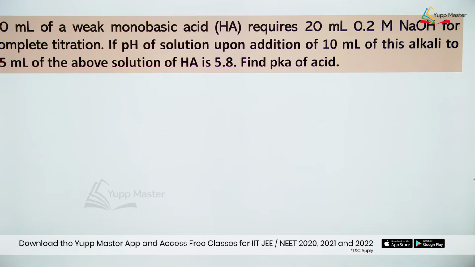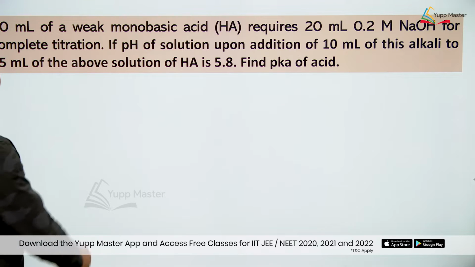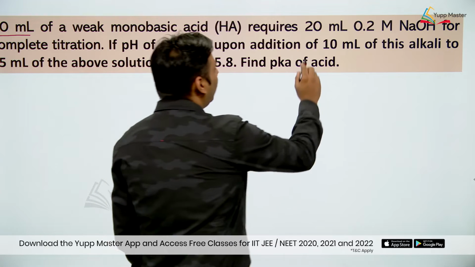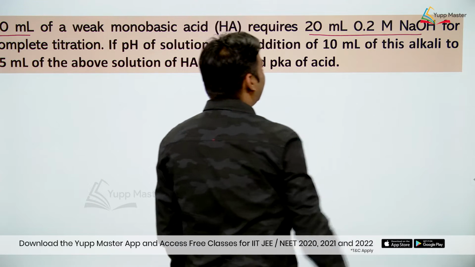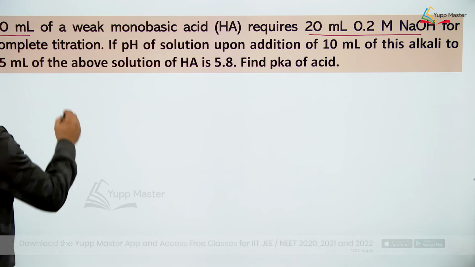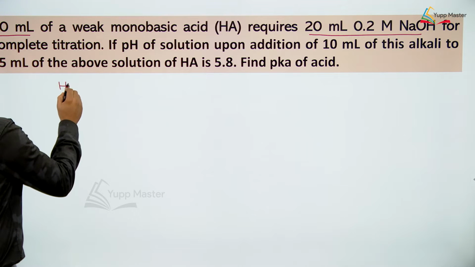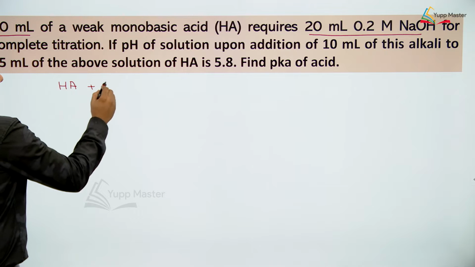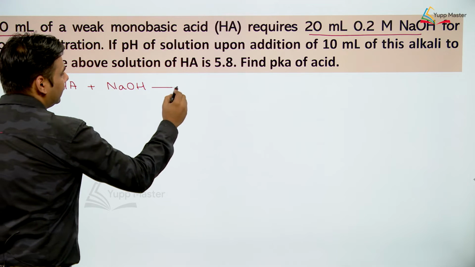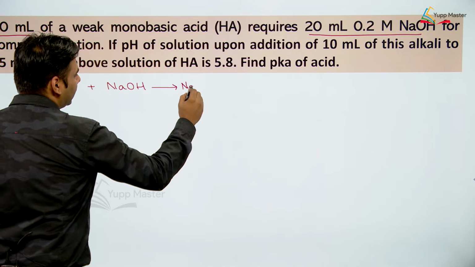This question says that 20 ml of a weak monobasic acid HA requires 20 ml of 0.2 molar NaOH for complete titration. So what we are doing, we are just reacting HA with NaOH and we will get NaA plus water, right?